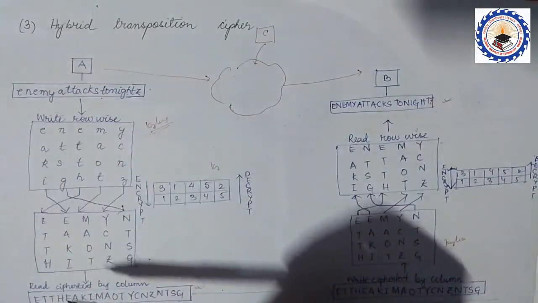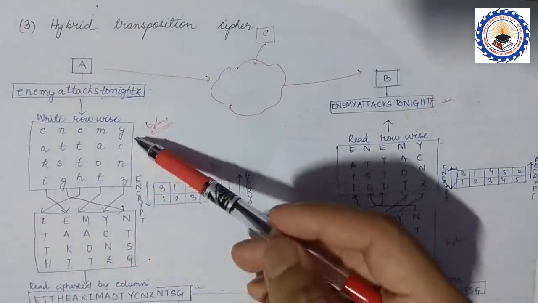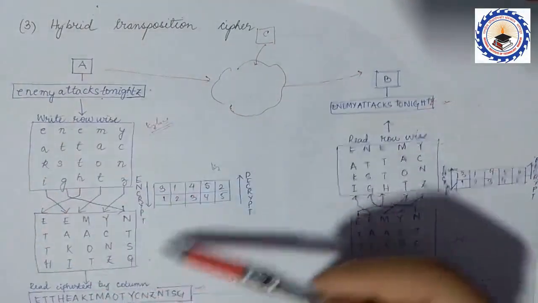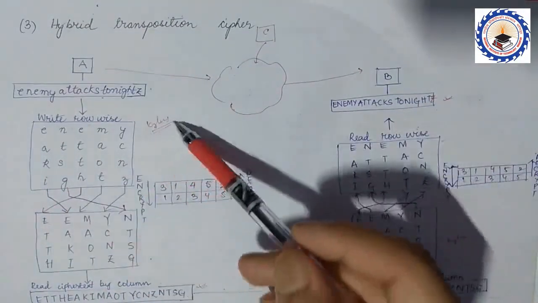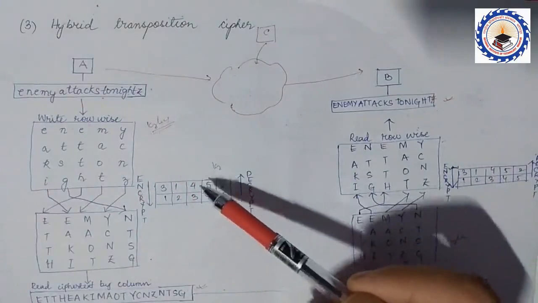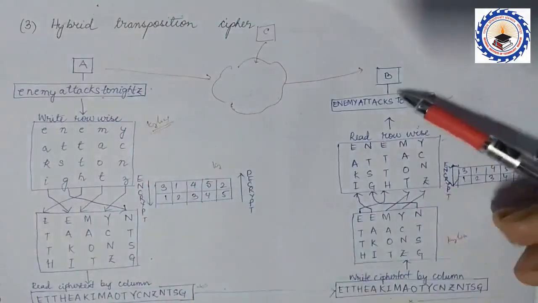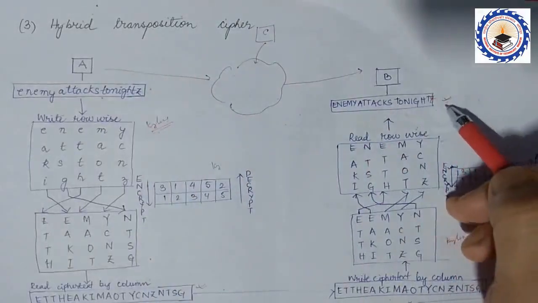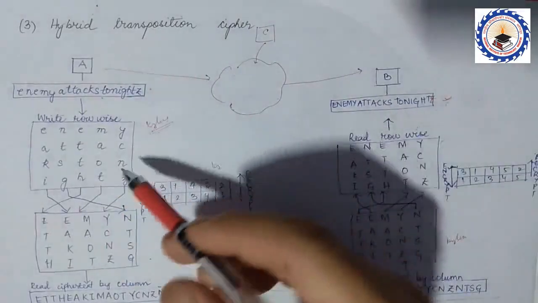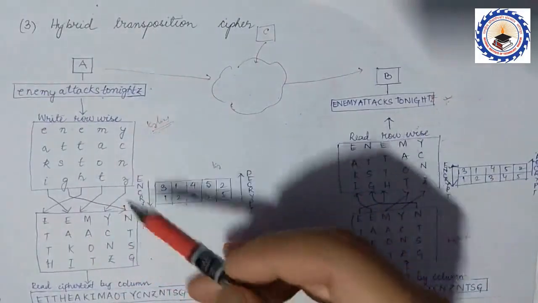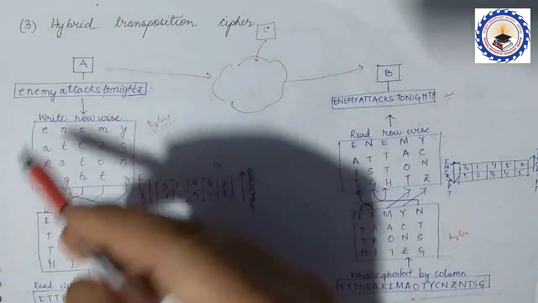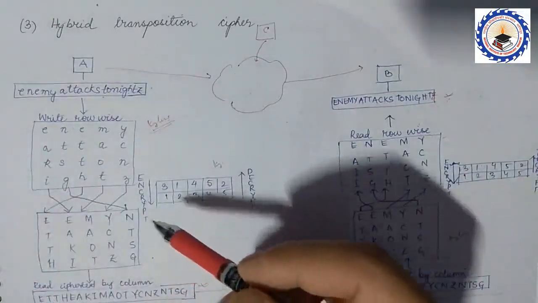So you must know how this hybrid transformation is done. It is not restricted to using it in this manner. You can use any kind of combinations of keyless and key transposition cipher. The only thing is that when you retrieve it, the message should be retrieved exactly at the destination part. There are no hard and fast algorithms for that.